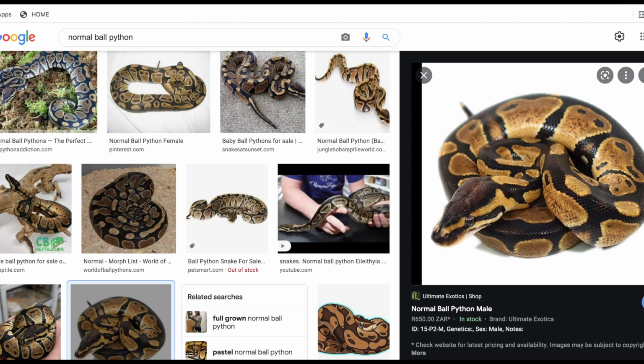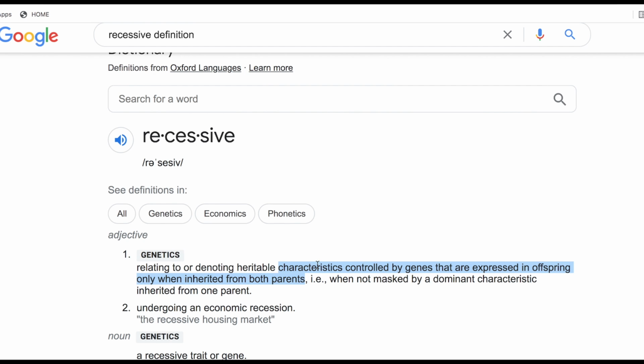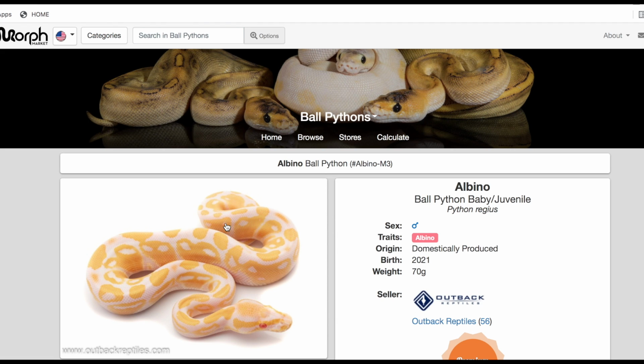But if you breed this normal with this albino, let's say she's a female, with the male normal, then we will have all of the offspring coming out looking normal. Why is that? Well, both parents have to carry the albino gene.